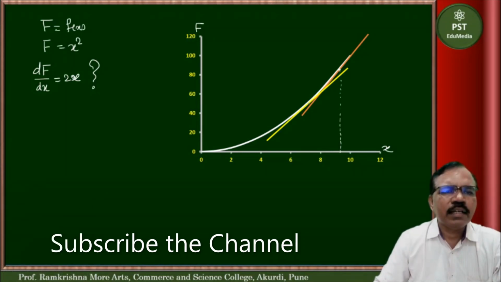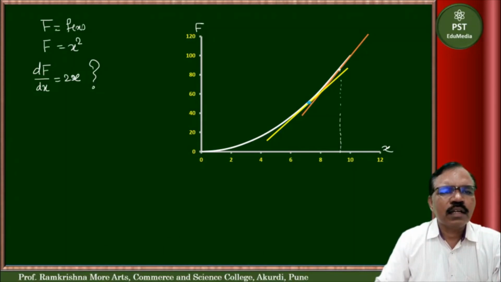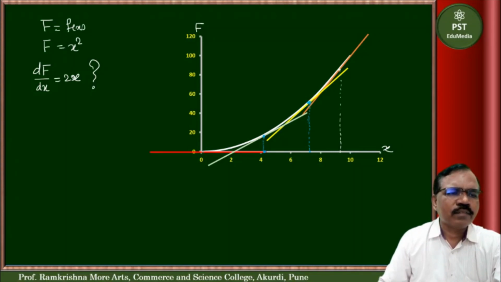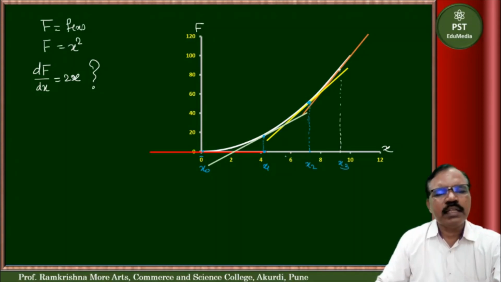Then take another point and draw tangent there. This is value of x. It may be 0. So here I will call this value as x0, this value as x1, this value as x2, this value as x3, and so on.